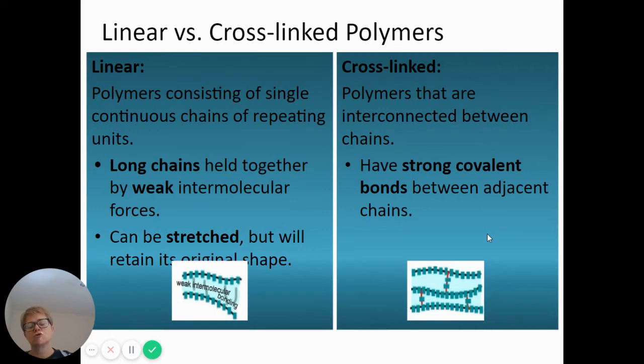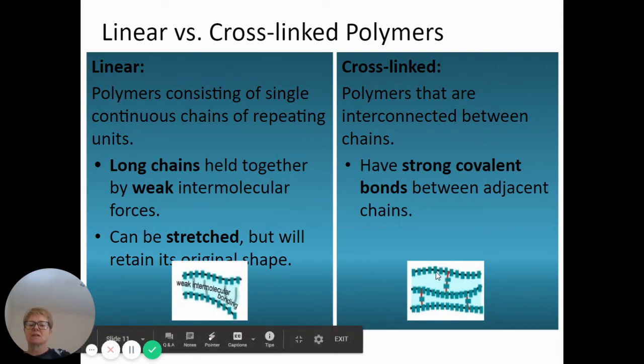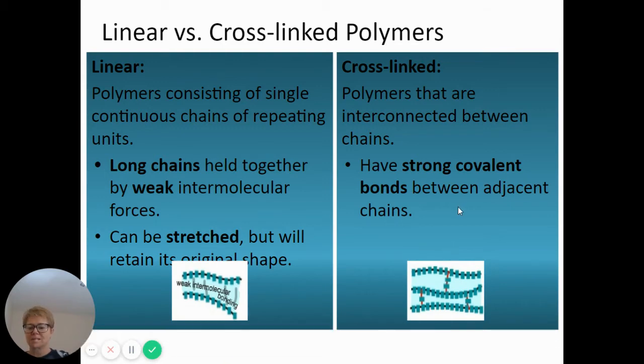Well, if we've got really strong covalent bonds holding these links together, that means that there isn't really a potential for these polymer molecules to move alongside each other. So you get really strong plastics, like the plastics we make, like plastic classroom chairs, or camping furniture, that really, really rigid plastic, lunch boxes and storage containers, they're made from cross-linked polymers.